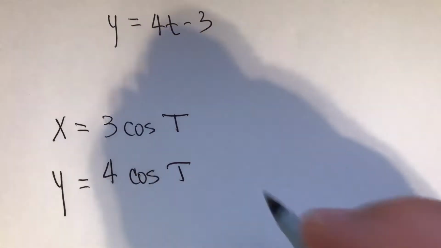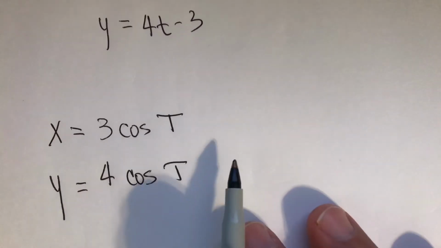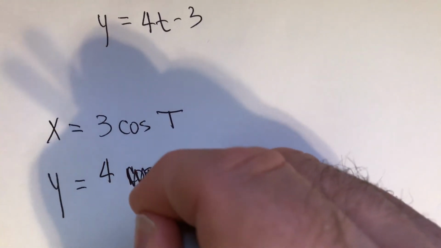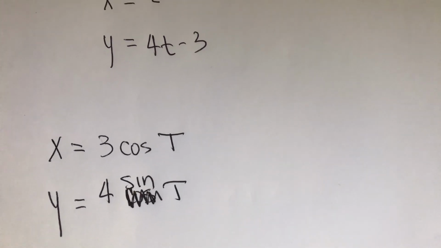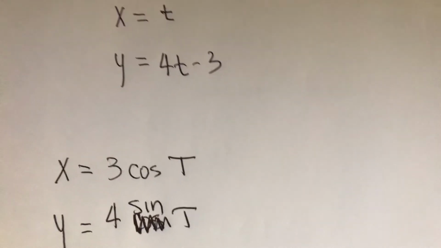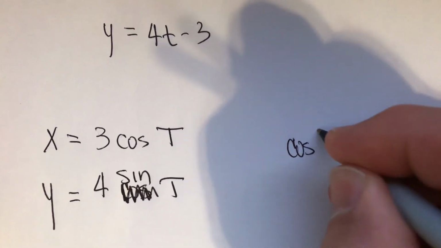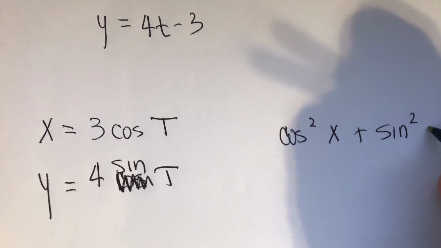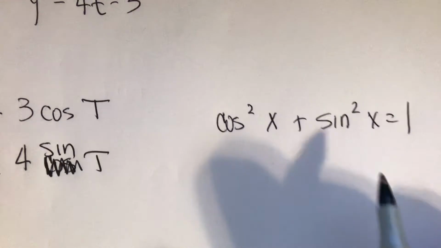Now sometimes these are written instead of with t, theta, but it doesn't matter. You're still going to do this the same way. I need to change this to sine. Now whenever sine and cosine are involved, and typically it's going to be like this, sine and cosine, you have to remember the Pythagorean identity, cosine squared plus sine squared equals 1.